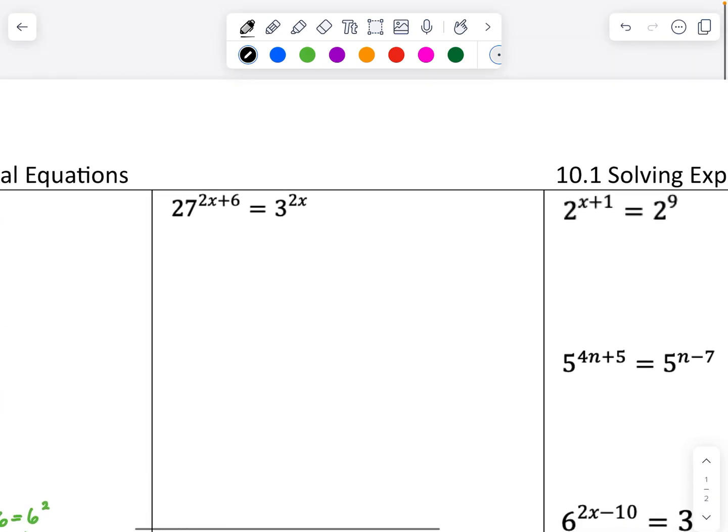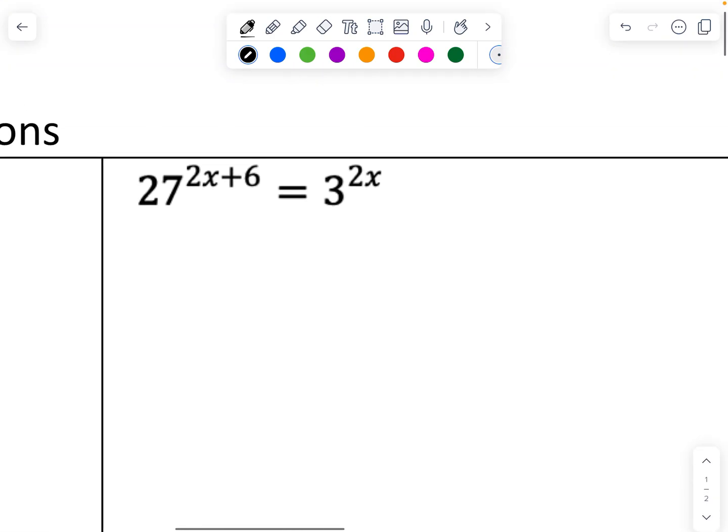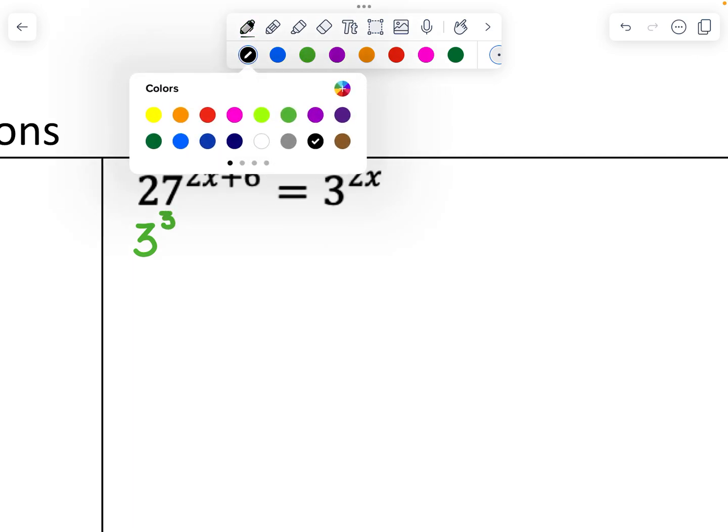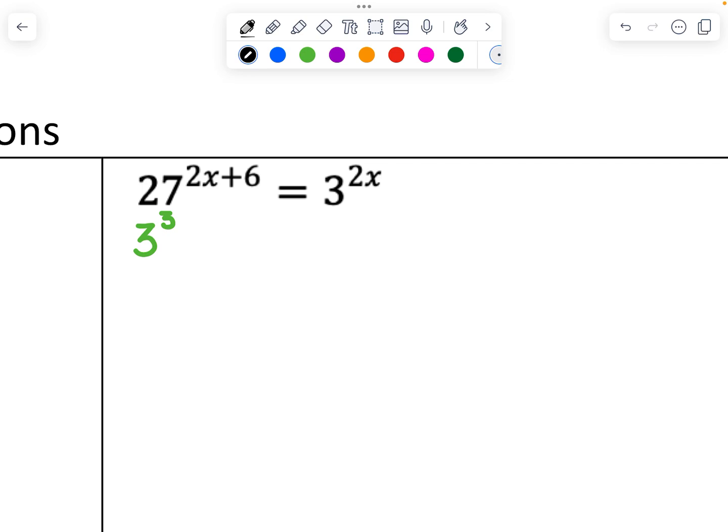And then if I go here, I can think of 27 as 3 to the third power. So this is going to be 3 to the third power to the 2x plus 6 and 3 to the 2x.